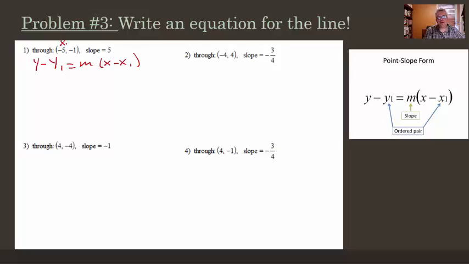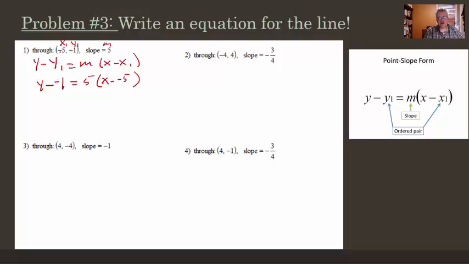This -5 is x1. This -1 is y1. And the slope is m. So we just substitute in. y minus y1 would be y minus a negative 1 equals 5 times (x minus x1), x minus a negative 5.